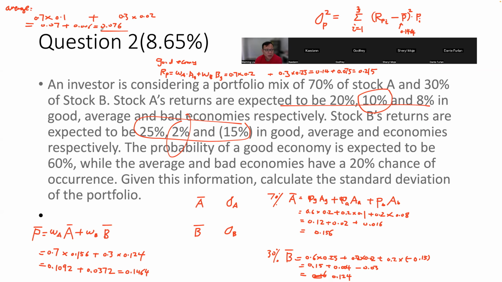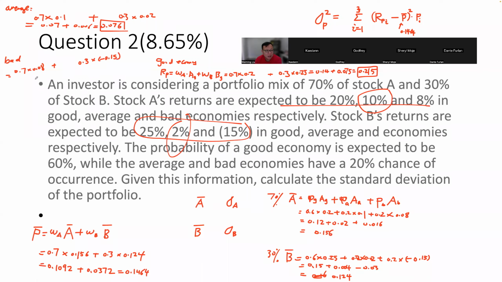Make sure I highlight these numbers. Now when the economy is bad, again 70%, 30%. When the economy is bad, A has a return of 8%, but B has a return of negative 15%.